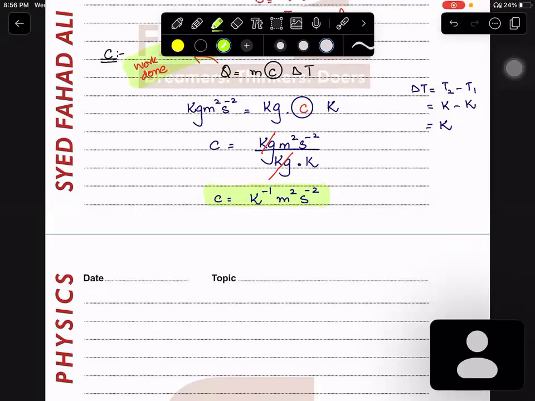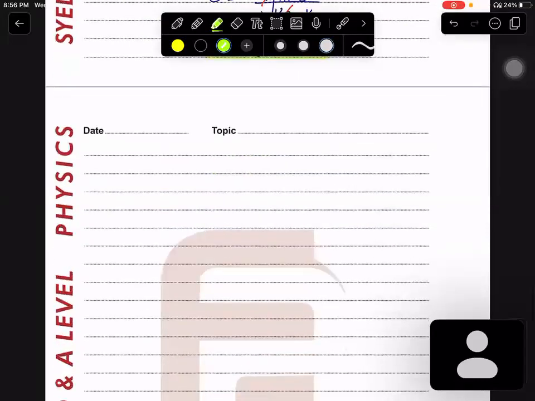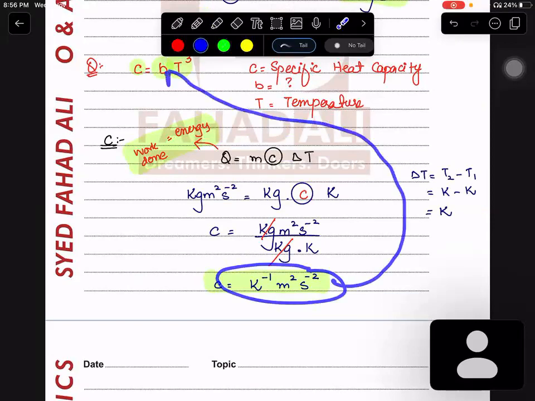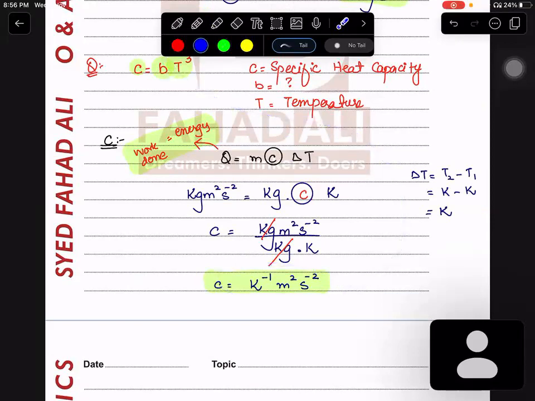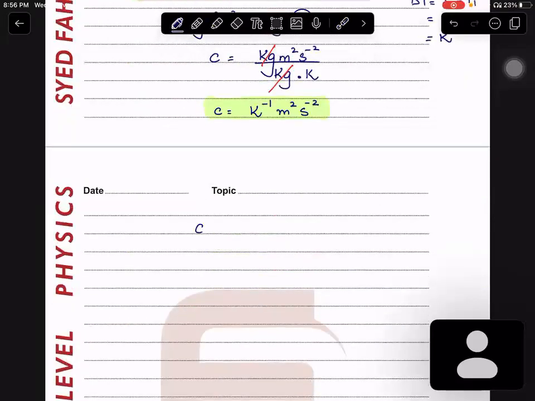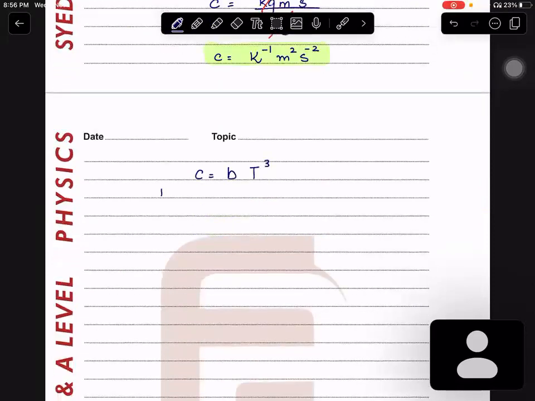Now we will use this in finding the base unit of B. Aiza, do you understand how long the work is? Yes, understood. Now C is equal to BT cube. C is K minus 1 m square s minus 2, B, Kelvin to the power 3.